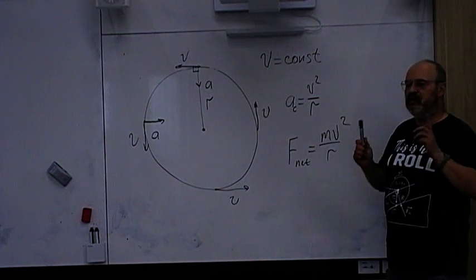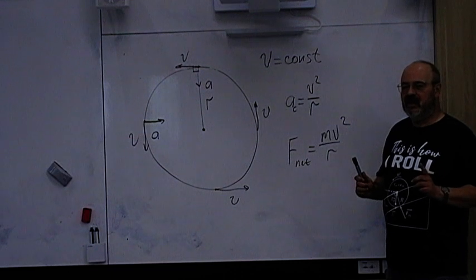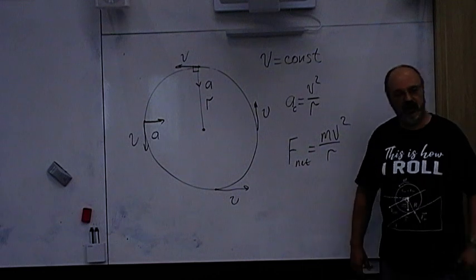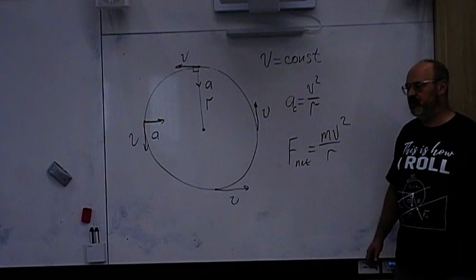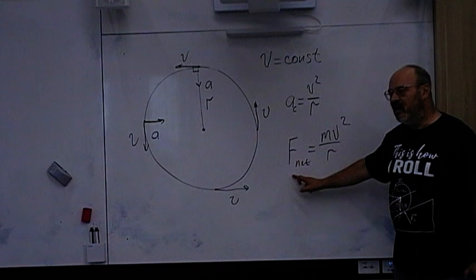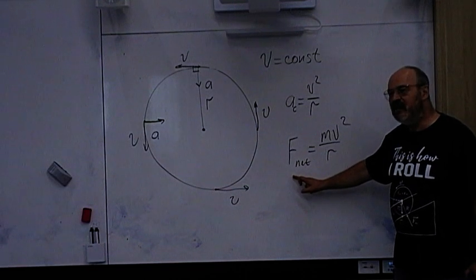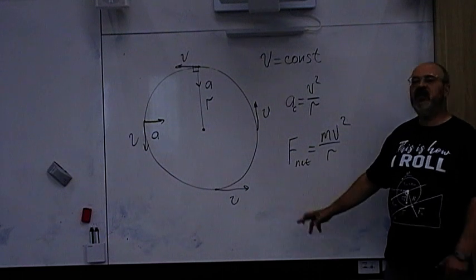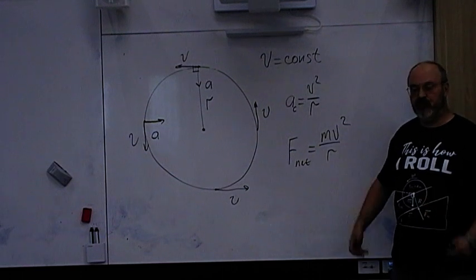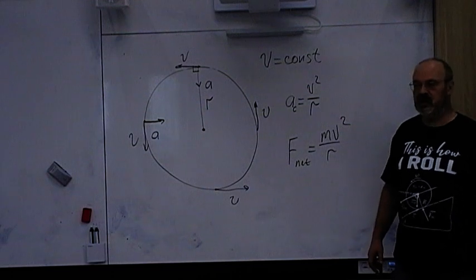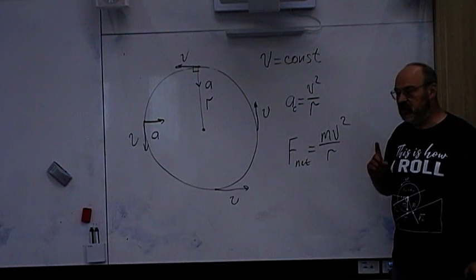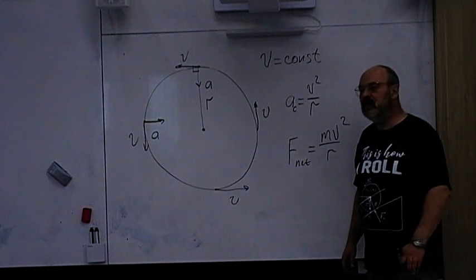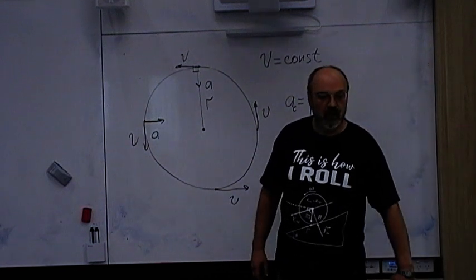And now a very important thing. There is no such force as centripetal force in nature. What is it? Net force. If it happens that the net force, the sum of actual forces acting on the object, is constant and at a right angle to velocity, there will be circular motion with a constant speed.